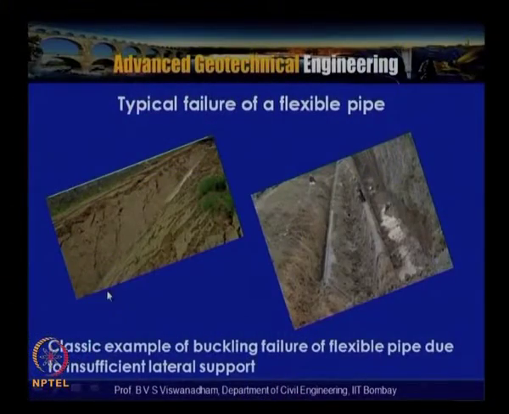The typical failure which happened at the site is shown here. This particular pipe after excavation is found like this. At the onset of rainfall inundation, the pipe underwent a buckling failure; a 3.3 meter, 3.8 meter diameter pipe underwent distress.